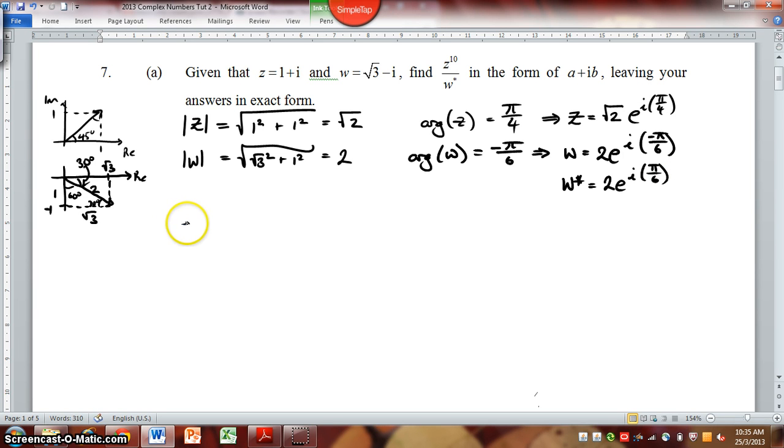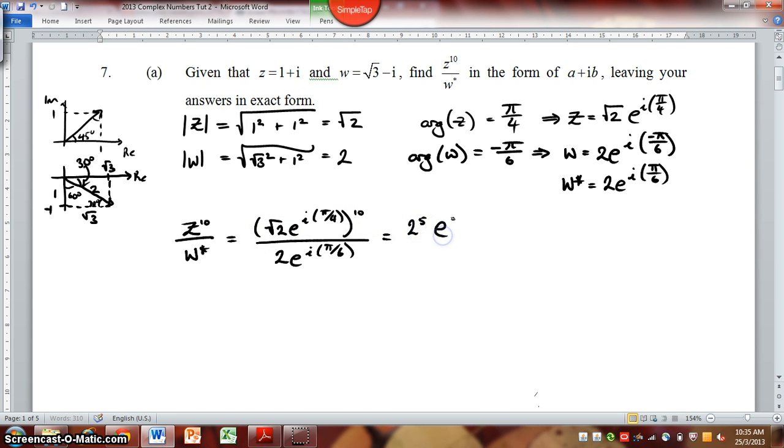So that's great. What does that tell us about z to the power of 10 over w conjugate? That means that this is square root 2 e to the i pi upon 4, to the power of 10, over 2e to the i pi upon 6. Square root of 2 to the power of 10 is going to be 2 to the power of 5, e to the i 10 pi upon 4, over 2 e to the i pi upon 6.